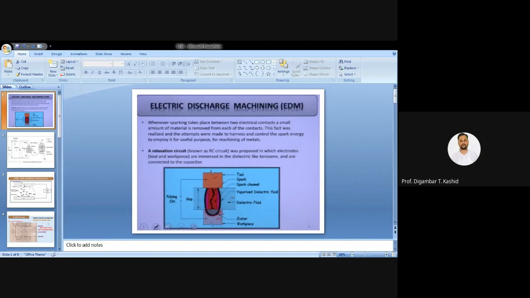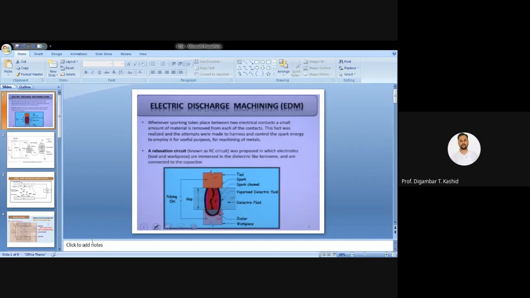There is no limitation about hardness, so very smoothly this process can machine any material. The only limitation, once again I am repeating, is that your workpiece material should be electrically conductive.